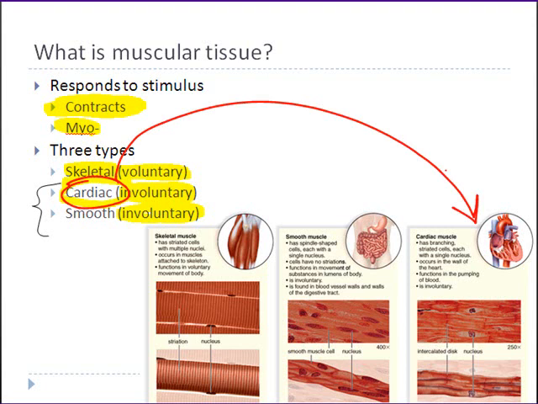And the other kind of involuntary muscle tissue is what's called smooth muscle tissue, and this is found in lots of places in the body. For example, all the muscle tissue that's found lining your digestive tract and your blood vessels are smooth muscle tissue. The muscle tissue found in the uterus, for example, that contracts during childbirth is smooth muscle tissue.